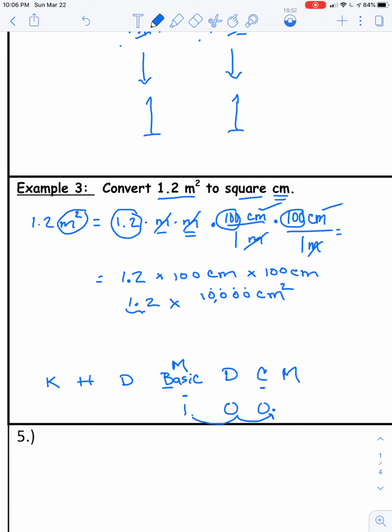So I'm going to take 1.2 and move my decimal point 4 places to the right: 1, 2, 3, 4. So this is going to be equal to 12,000. The answer, 1.2 times 10,000 is 12,000 centimeters squared. And that's the answer to example 3.